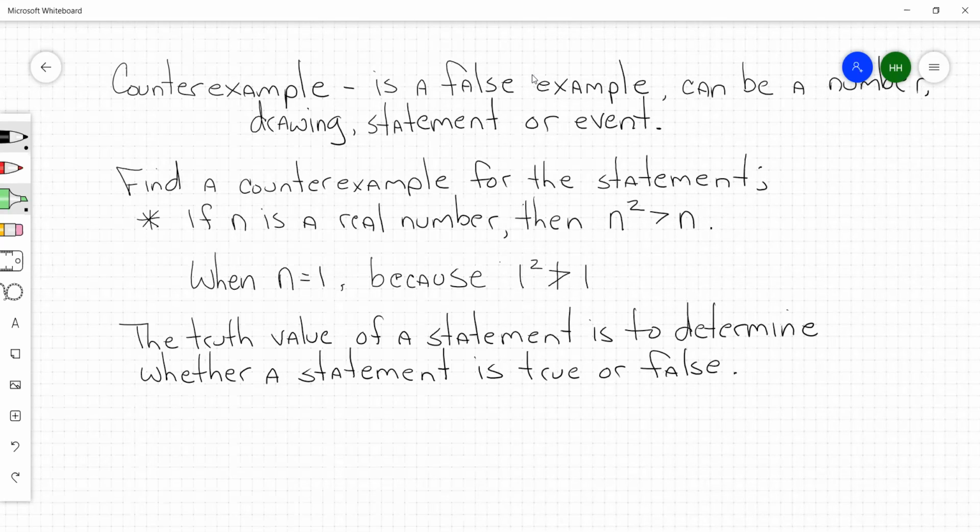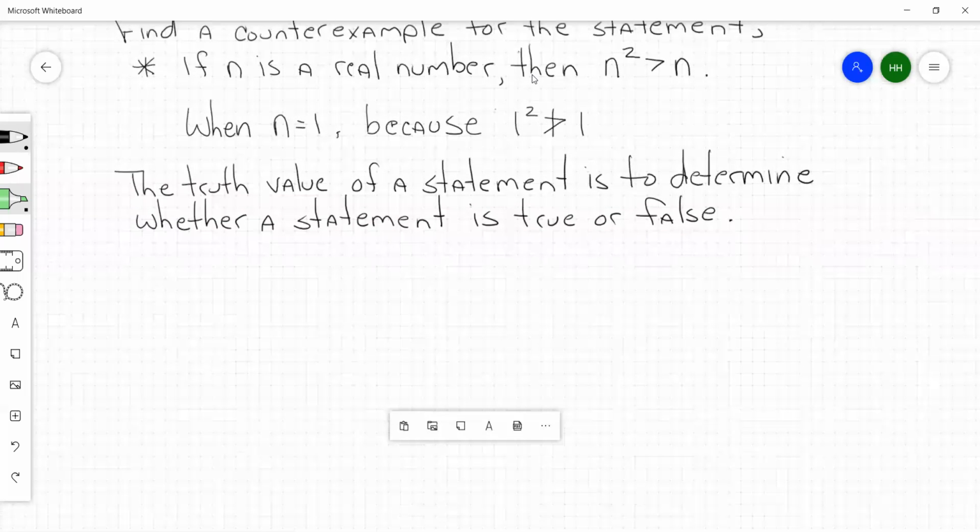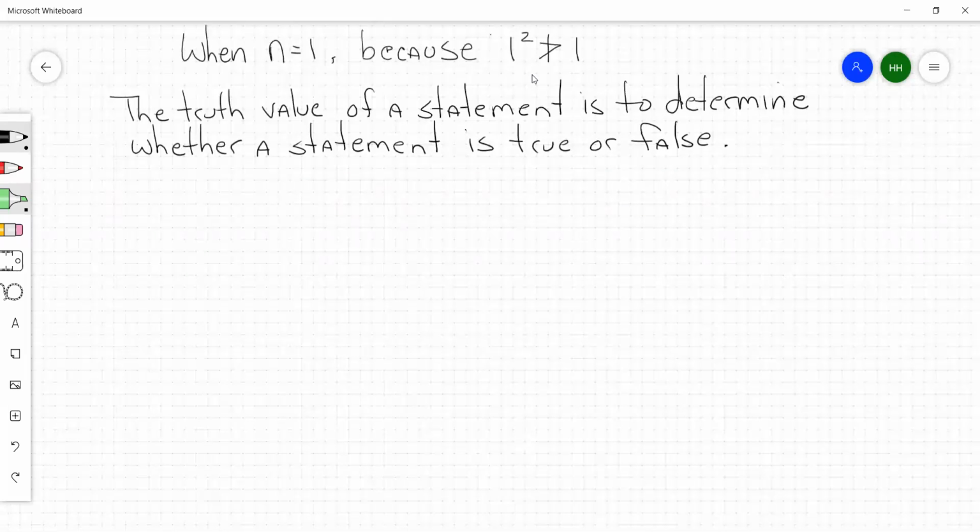You're determining truth values of statements. If you're asked to find the truth value of a statement or determine the truth value of the statement, all you're doing is determining whether the statement is true or false. And a lot of times you'll be asked, determine the truth value of a statement. If false, list a counterexample. So if the statement is false and you say that it's false, you have to list an example showing it to be false. Make sense?